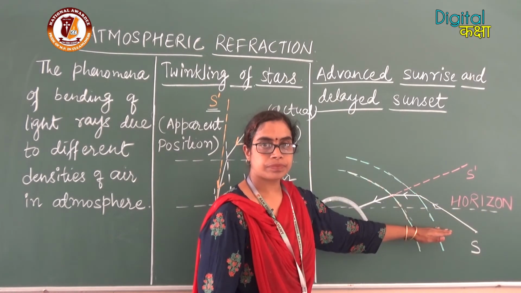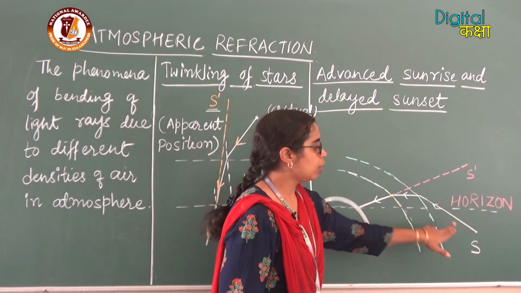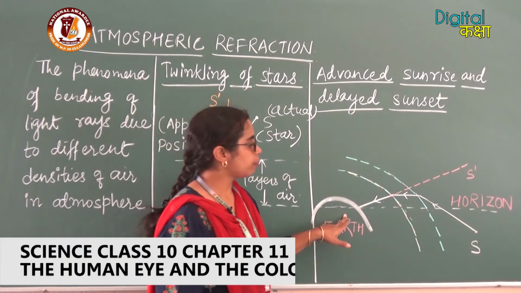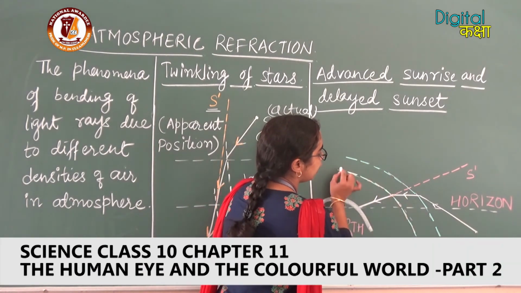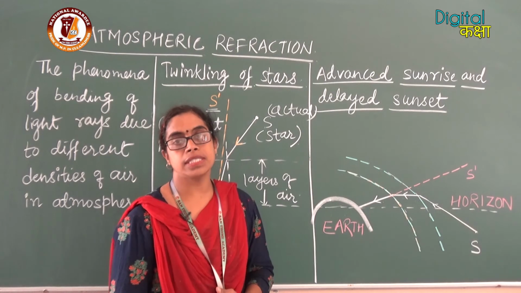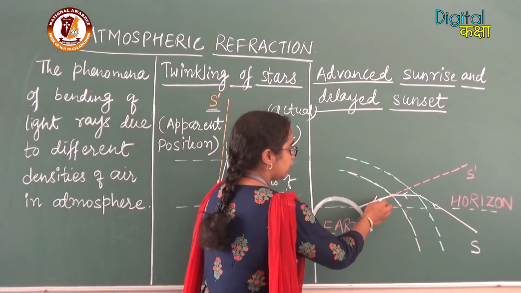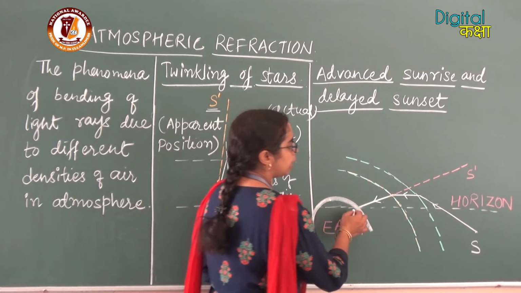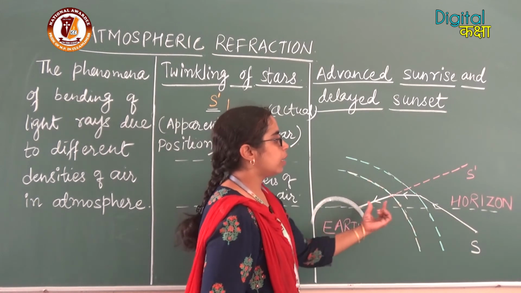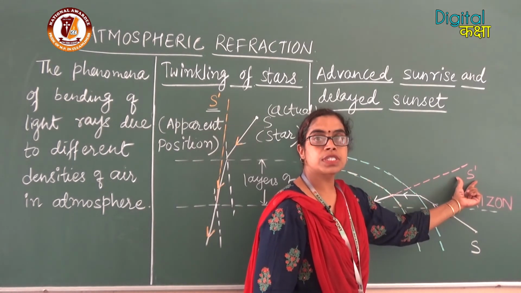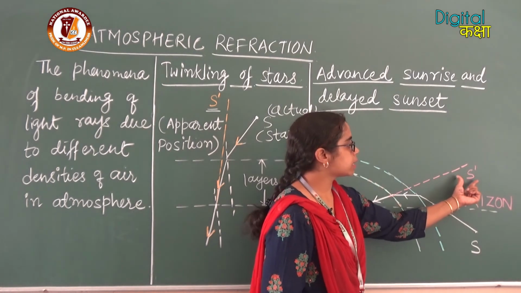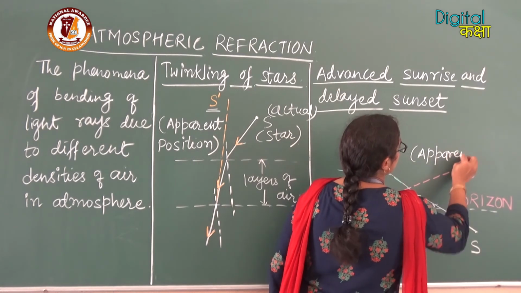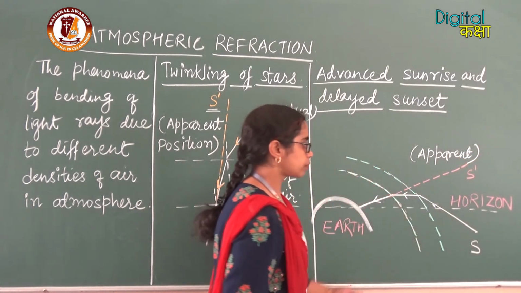The light ray drawn from the sun reaches the earth after crossing the different layers of air with different densities. Now, when this refracted ray reaches the earth and is extended back, the position of the sun marked in the figure is S dash, which represents the apparent position of the sun.